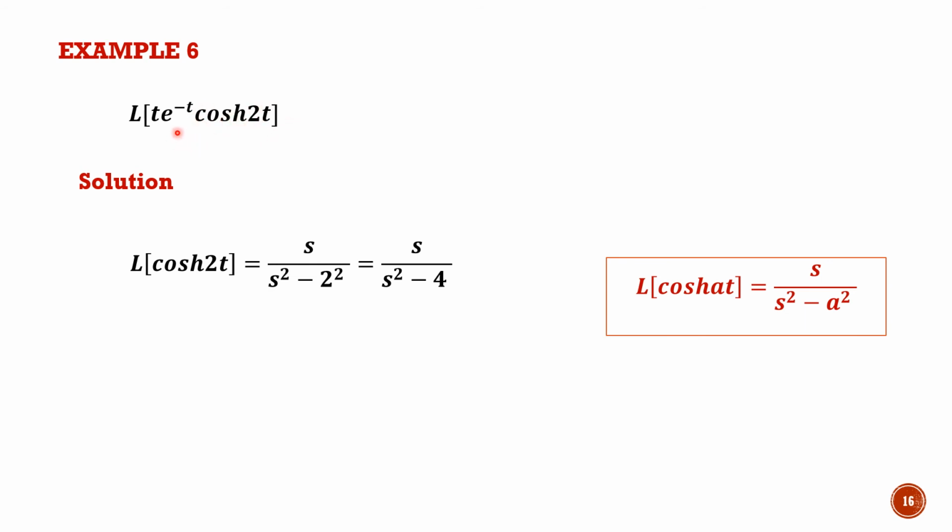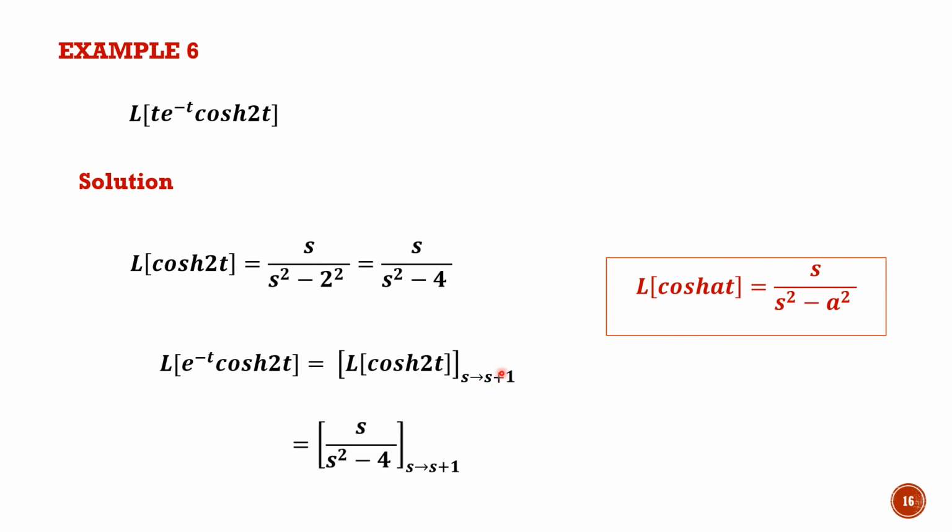Next we have the function e raised to minus t, which means whatever answer you have got, replace s by s plus 1. So in this answer, replacing it by s plus 1: s plus 1 upon s plus 1 the whole square minus 4.